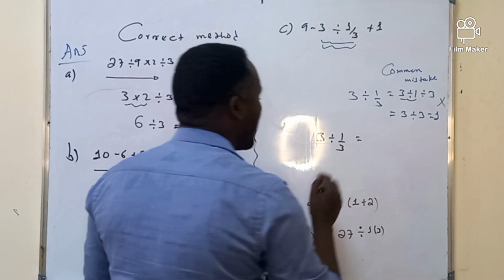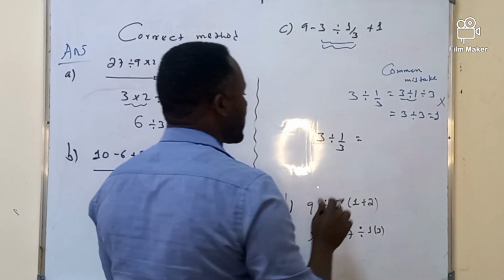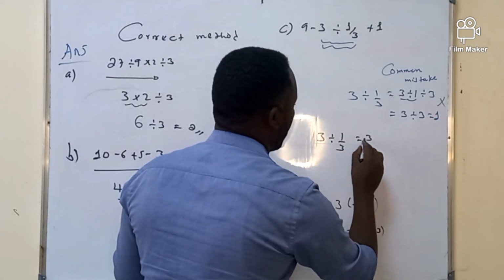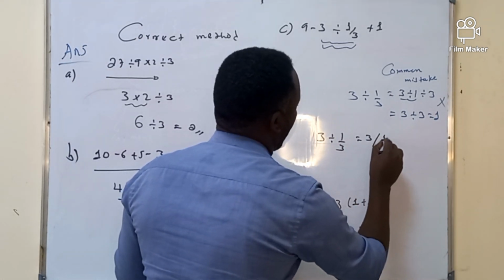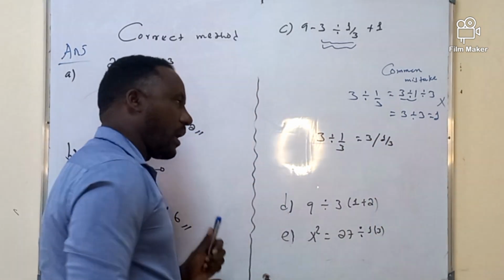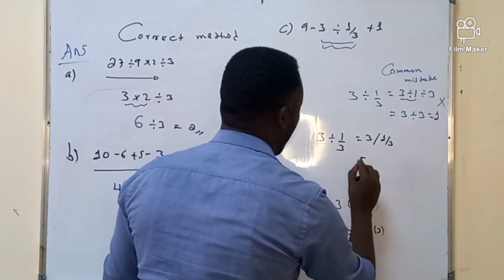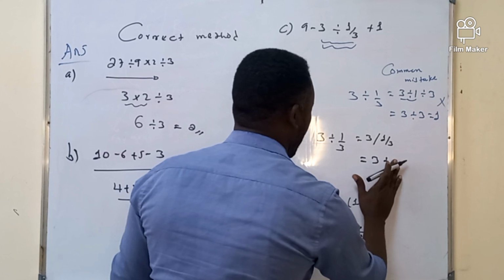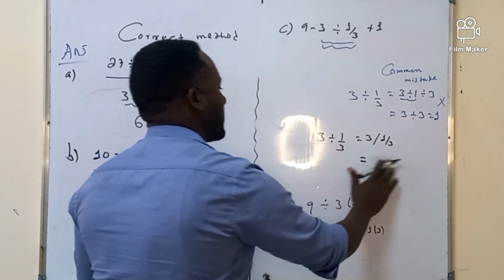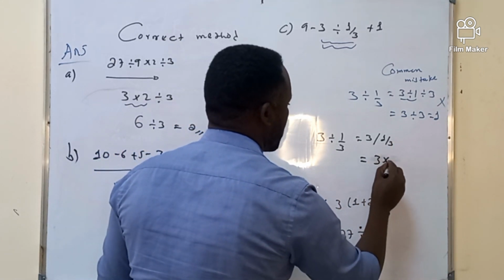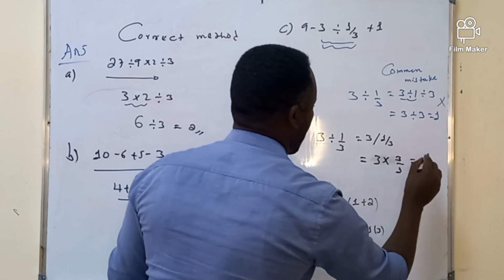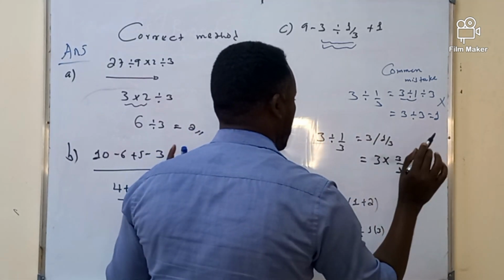This is exactly 3 divided by 1 over 3, which is exactly 3 times 3 over 1, and this is going to be 9. This is the correct one.